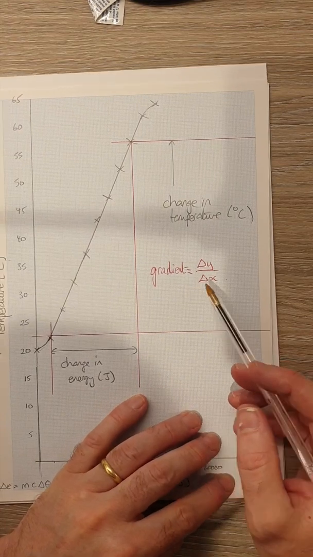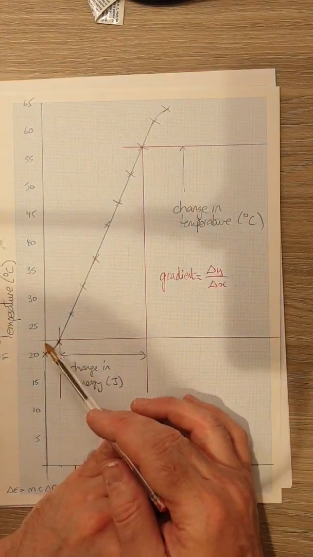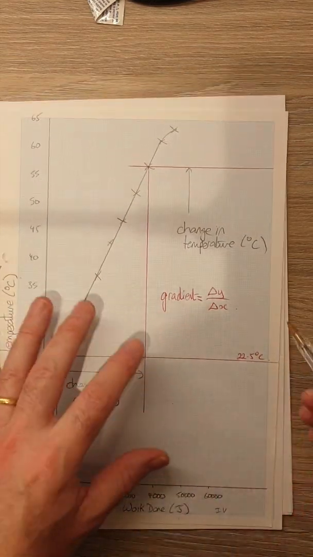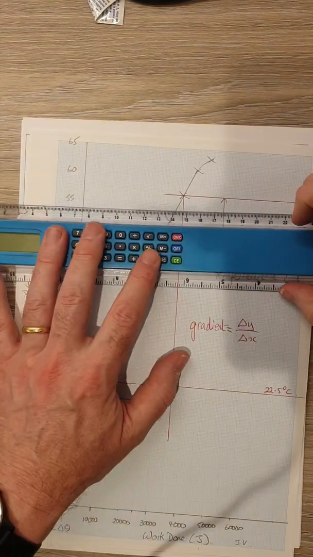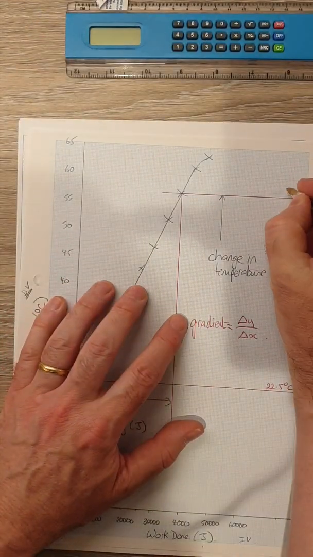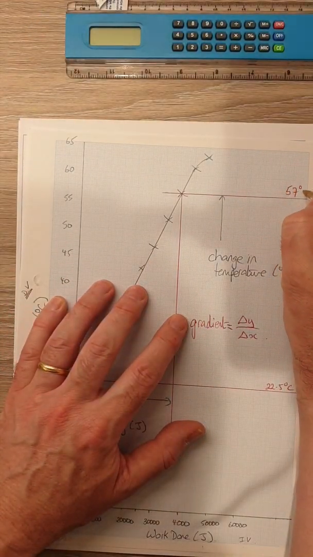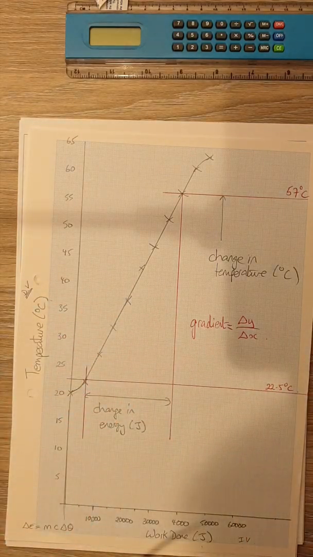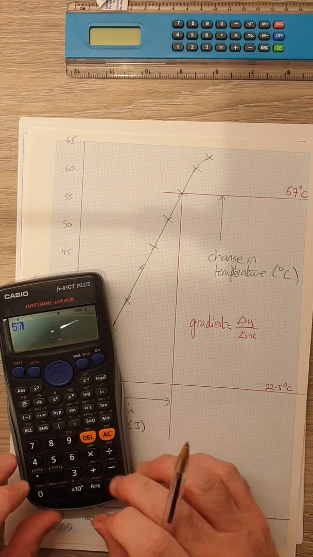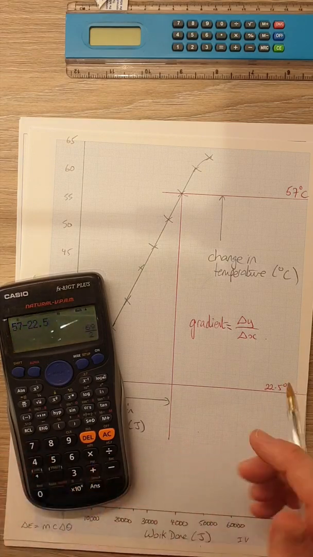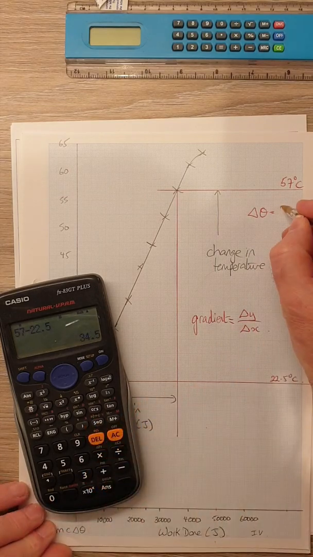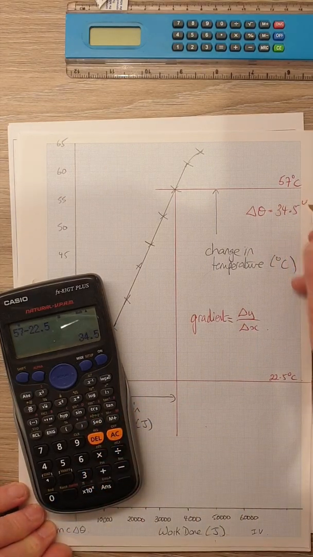So what's my change in temperature here? I'm going from 22.5 degrees all the way up to 57 degrees. So my change in temperature is 34.5 degrees.